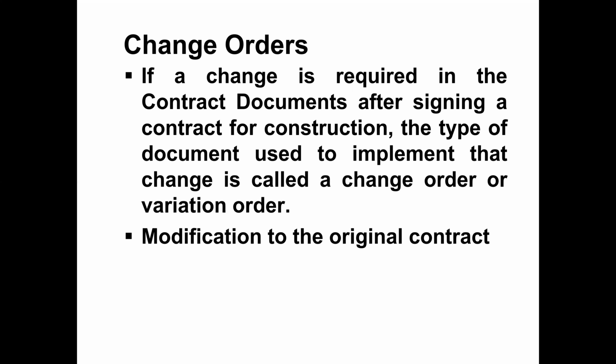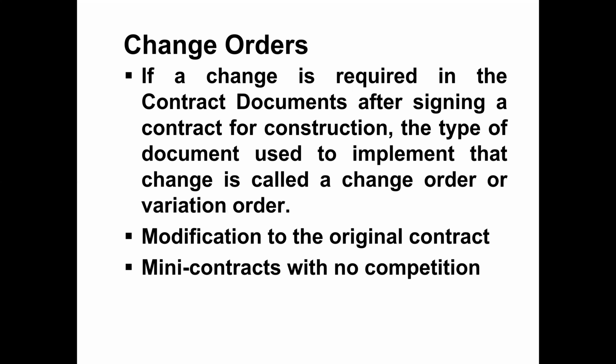Now they are going to mention that these change orders are modifications to the original contract. Of course, they are modifications to the original contract. Your book is going to say that these are like mini contracts with no competition. When the bidding was first done, the contractor won the bidding in competition with other contractors.